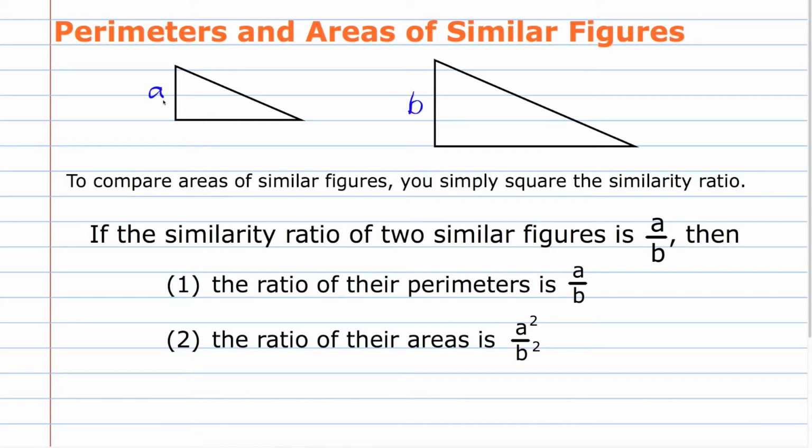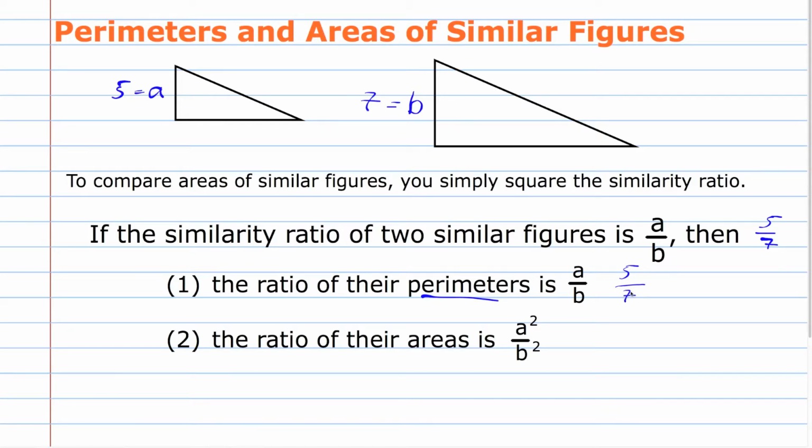Well, if we stick some numbers into this, we can really have what you would consider three final answers here. If we say that this is 5 and that this is 7, the similarity ratio is going to be 5 to 7. And that would be smaller to larger, or in this case, A to B. The ratio of their perimeters is also going to be 5 to 7, since that's a one-to-one correspondence, it doesn't change.